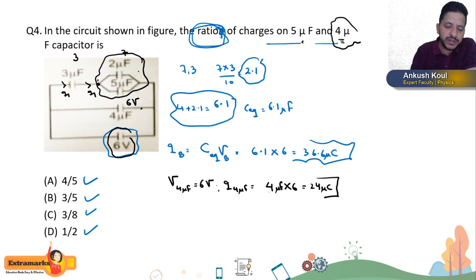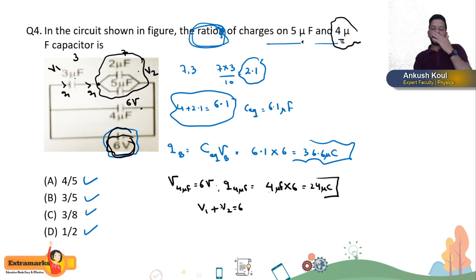For 5 microfarad, what I do is this 6 volt gets divided into 3 as well as this combination. So potential which goes to 3, I will call it V1, and potential that goes to this combination, I will call it V2. And I know V1 plus V2 must be equal to 6, as I have dealt earlier today.